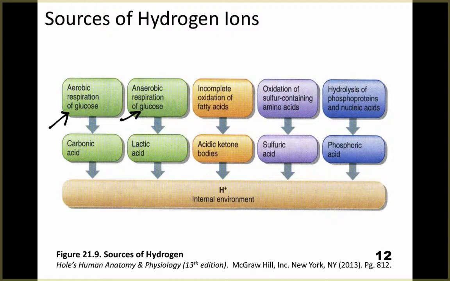And if you remember, there were all those hydrogen ions that they would use by breaking down NADH into NAD plus and H's, and those hydrogens could be used to pump across the membrane to activate ATP synthase, right? So all of that can come together and essentially make a thing called carbonic acid.